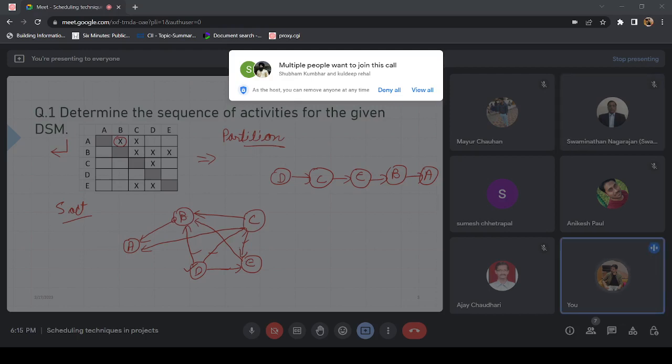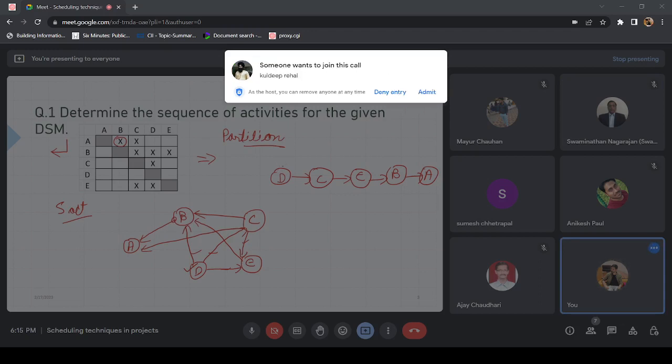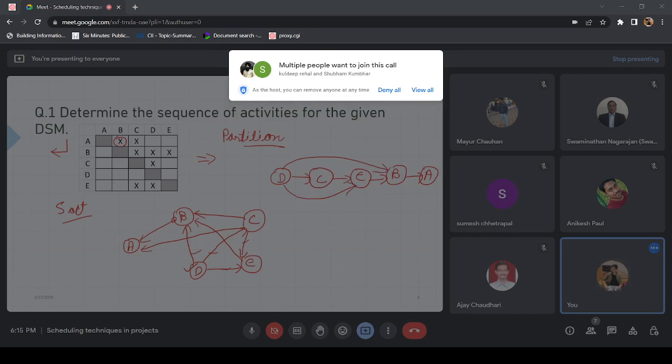So let's try to plot it. This is not some numerical or something that would come directly. So D is giving information to B. D is giving information to C, and D is giving information to E. Similarly, C is giving information to A.